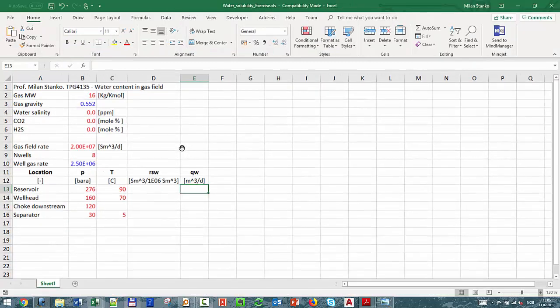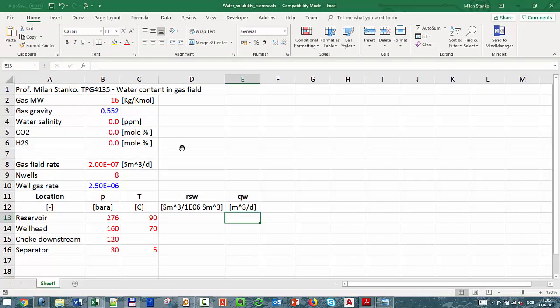Okay, so we have the following system. We have gas, with a molecular weight very close to methane. We don't have any contaminants. You're going to see that the salinity, the CO2, and the H2S affect this solubility. For example, CO2 and H2S like water very much, so if you have them in the gas, it will have a higher water solubility than if it doesn't have them.